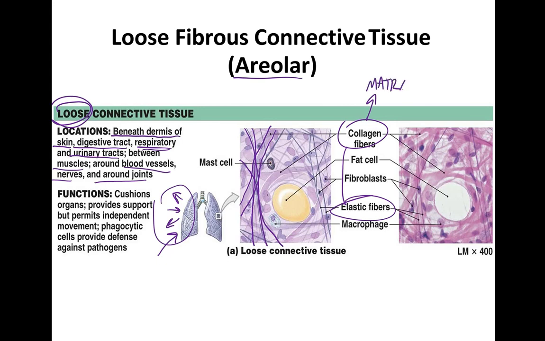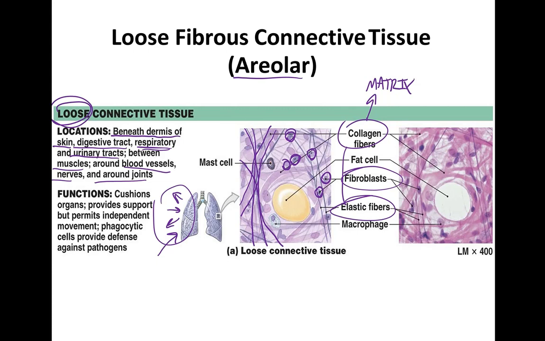Okay, so this is what's filling the space between your living cells. Your living cells are here, fibroblasts. These are the cells that actually give rise to new elastic and collagenous fibers. Okay, so those living cells are going to create more of their own matrix.